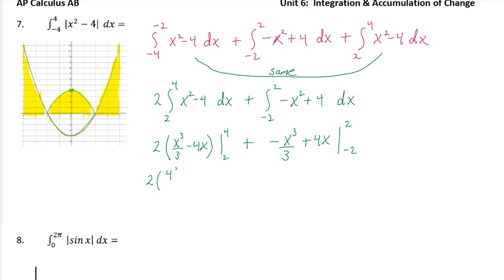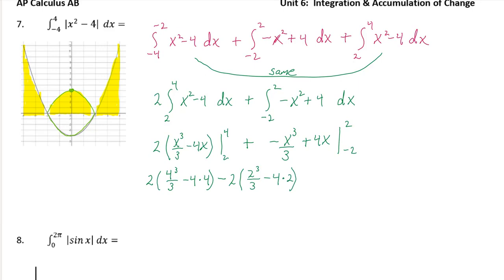That's 4 cubed over 3 minus 4 times 4. And then I need to subtract 2 times 2 cubed over 3 minus 4 times 2.